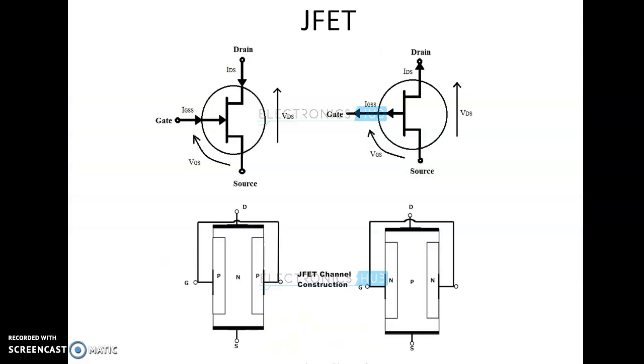So what is happening here? During the positive half cycle of the input signal, the gate will be plus. It will attract the electrons towards the gate terminal, and current conduction here takes place due to the flow of electrons. So we need electrons. That's why the depletion region will be small, the width of the channel will be increased, the flow of charge carriers will be increased, and the drain current will be increased.